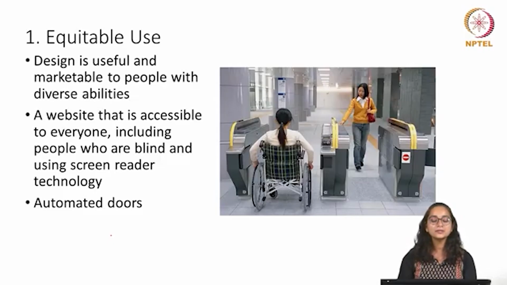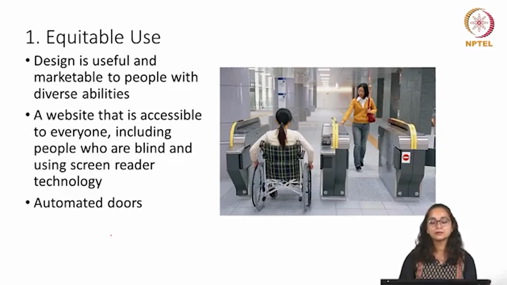For example, a website that is accessible to everyone, including people who are blind and using screen reader technologies, or automated doors which are sensor based and don't require any kind of specific sensory interface, right. So, it can just open as soon as you show up in front of the door.